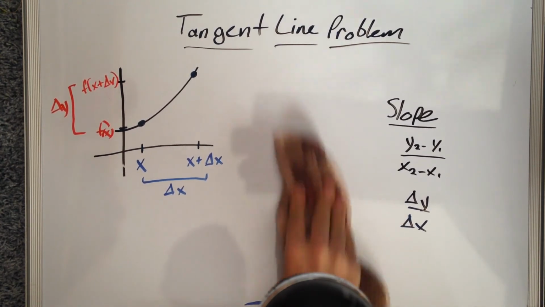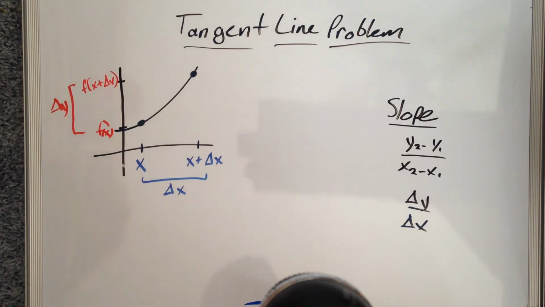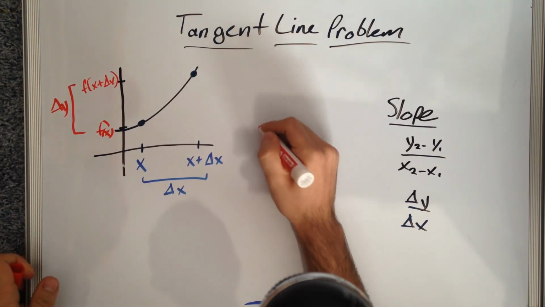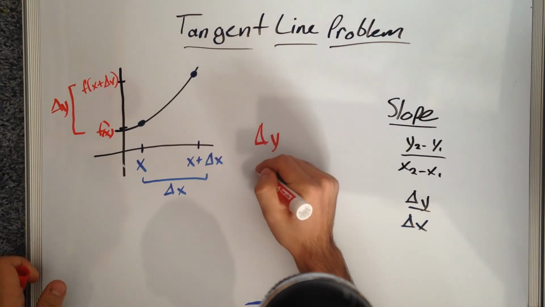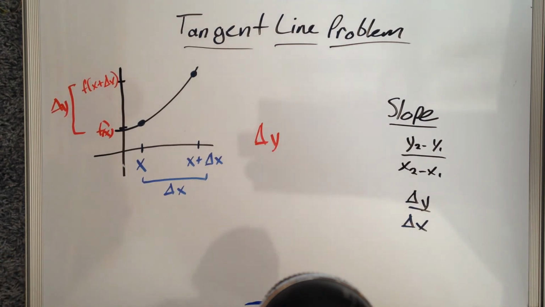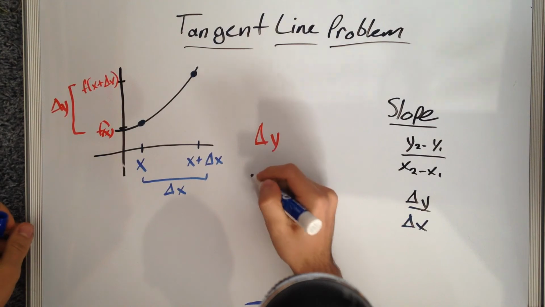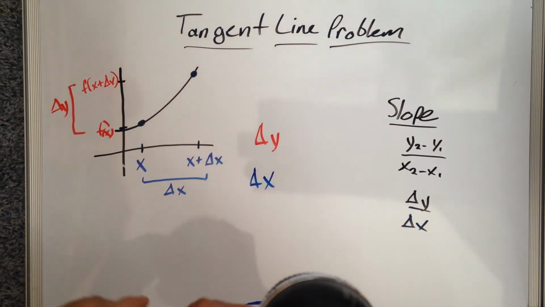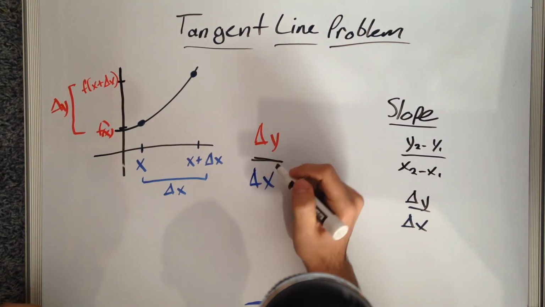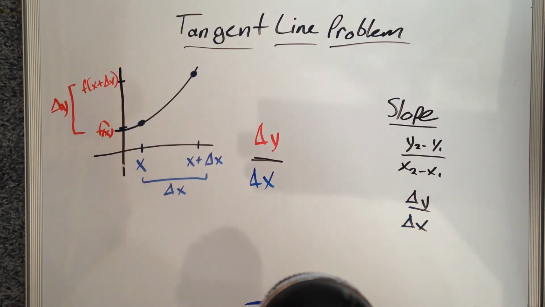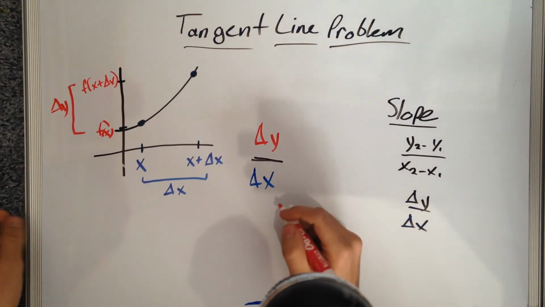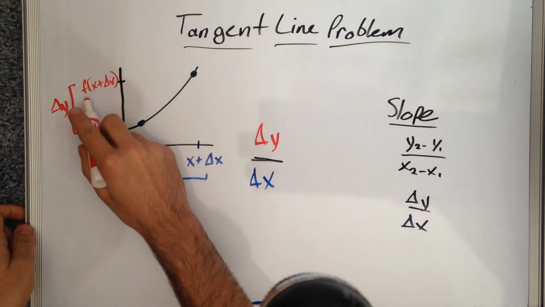So let's plug into our original slope formula, delta y over delta x, because it's all exactly the same. Let me change colors here, keep it color coded. We're going to have delta y on top, which is y2 right here.